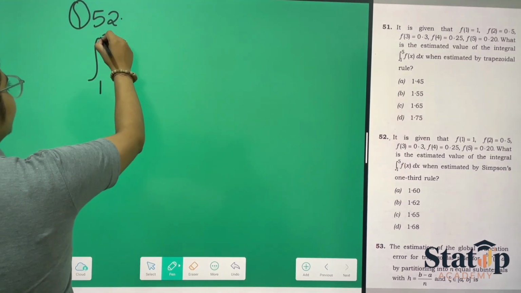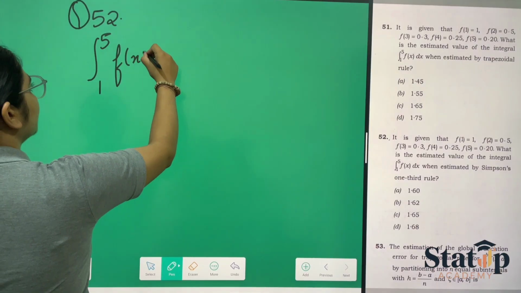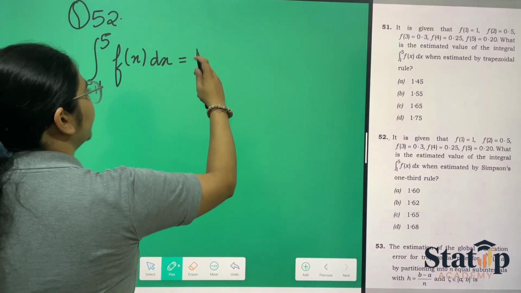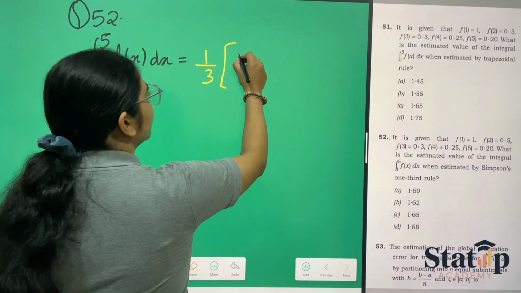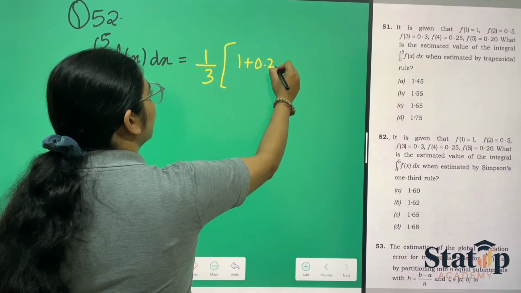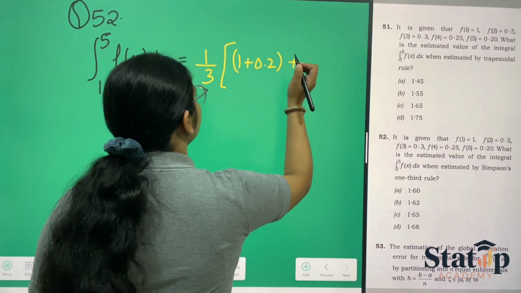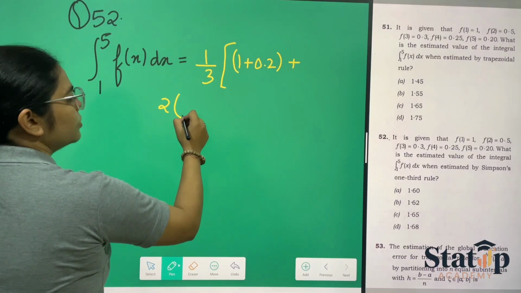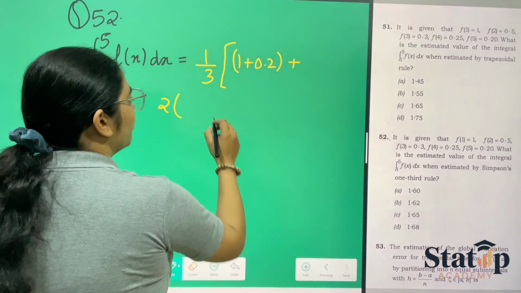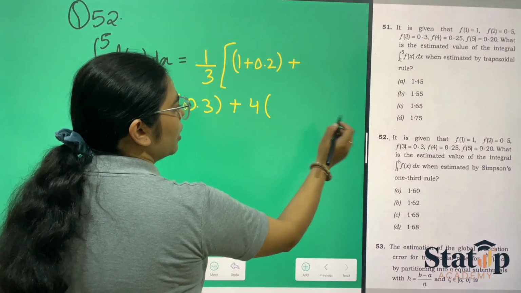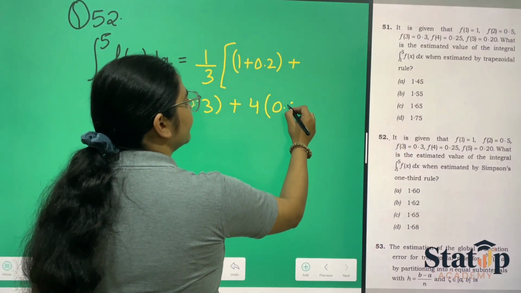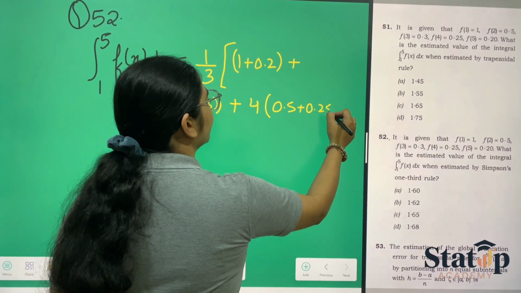From integration 1 to 5 of f(x) dx, this will be h. H is 1 upon 3. First plus the last plus 2 into the second, which is 0.3, plus 4 into the sum of 0.5 plus 0.25.